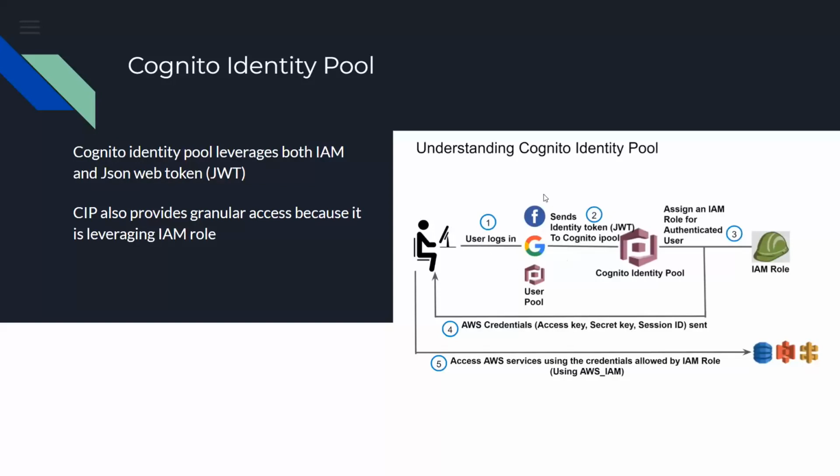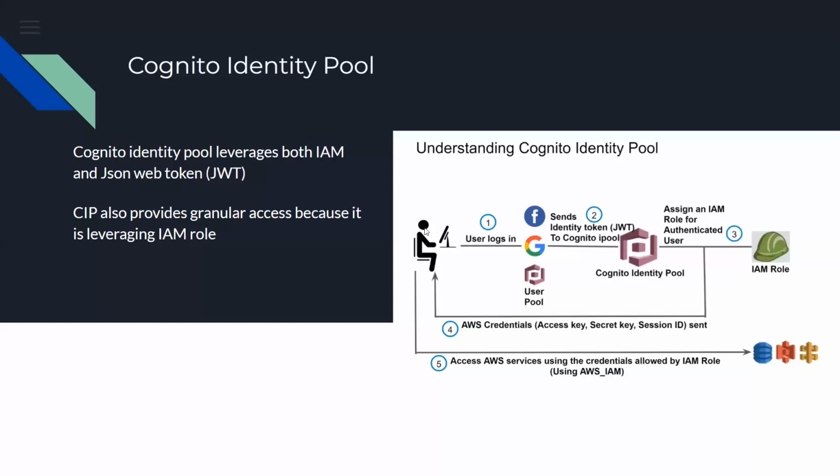The Cognito Identity Pool uses a different identity provider. Like in this example here, you see, the identity provider can be different from that of the Cognito user pool. You can use other identity providers like Facebook, Google, Auth0, or whatever identity provider stores your identity.